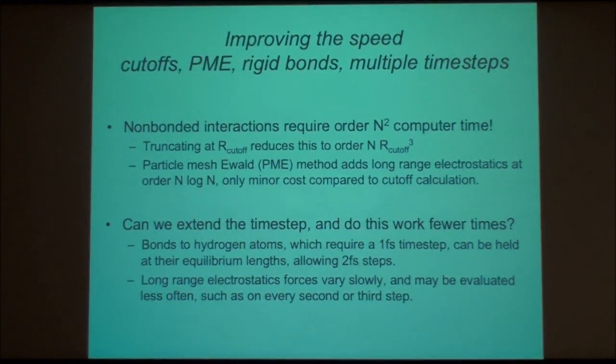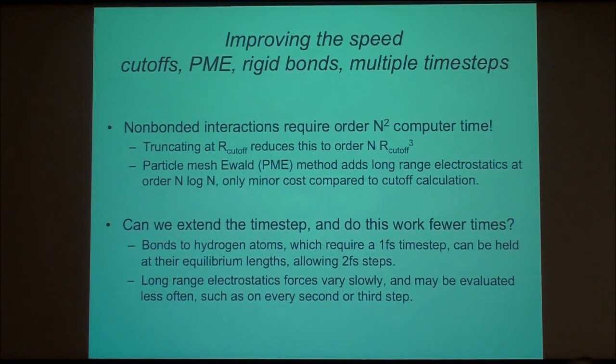Okay, a couple of additional practical things that I think are important to discuss. As I pointed out, time scale limitation is a major limitation here, so people have tried a lot of different tricks to improve the time scale by increasing the speed of the calculations, by increasing the time steps. These are some examples. For example, you can introduce cutoffs.